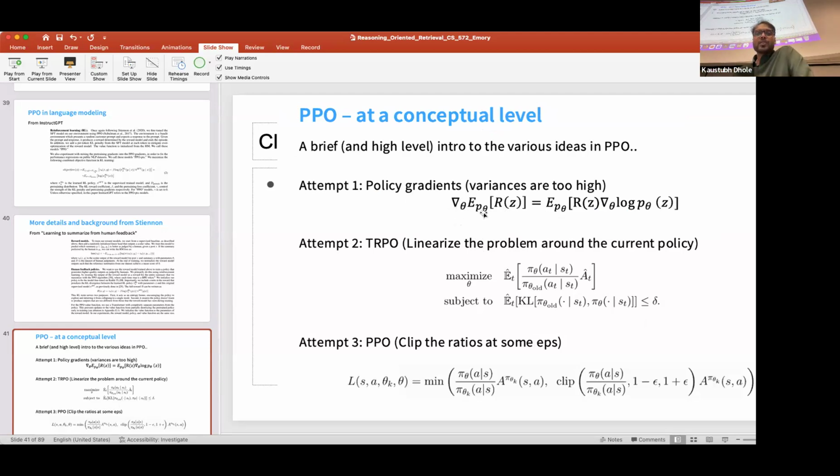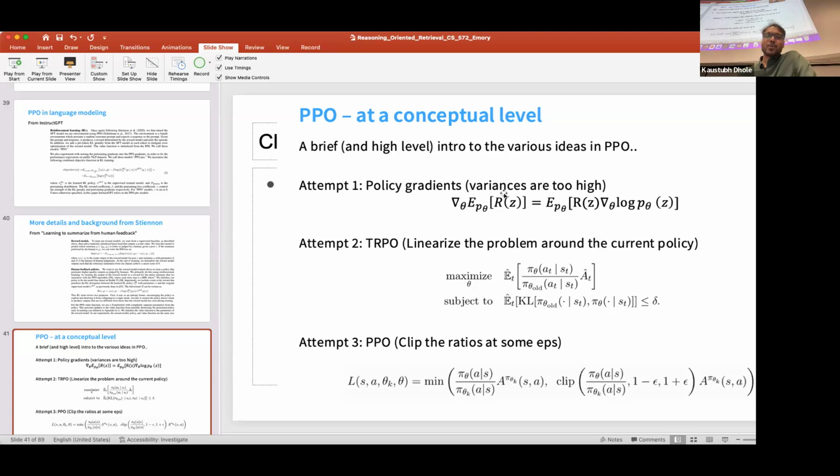So we want to optimize our reward, and the equation for taking the gradient of the expectation of this reward is equivalent to taking the gradient of our policy's parameters. So this is the general REINFORCE equation. This is not PPO. And then comes TRPO, Trust Region Policy Optimization.